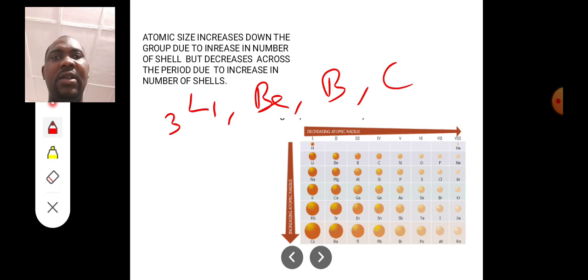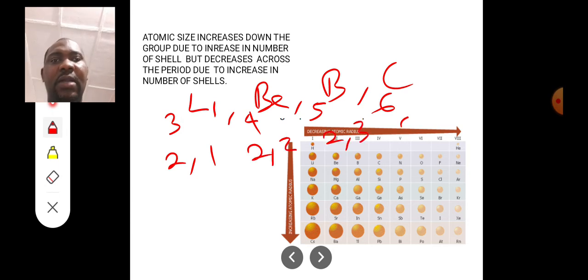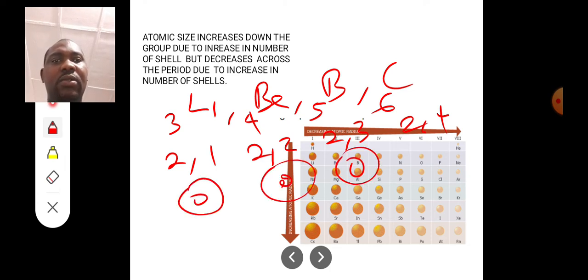Lithium is 3, beryllium is 4, boron is 5, carbon is 6. Lithium is 2,1, beryllium is 2,2, boron is 2,3, carbon is 2,4. They all have 2 shells.